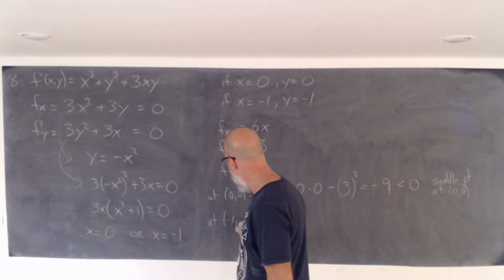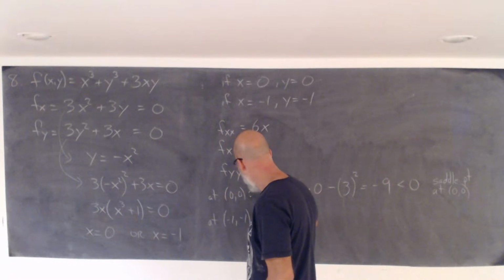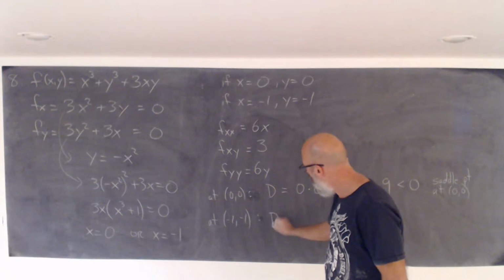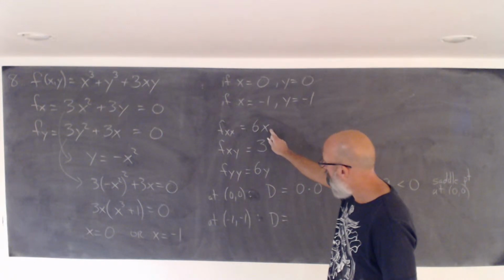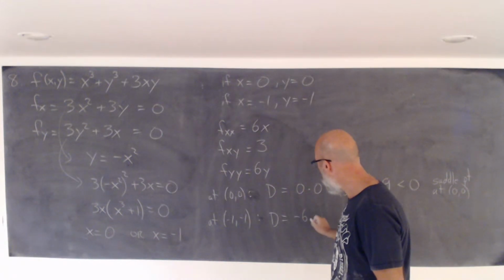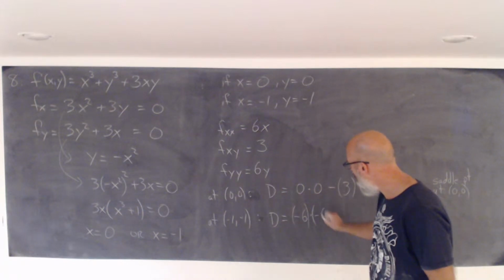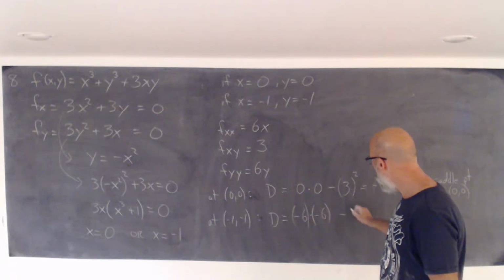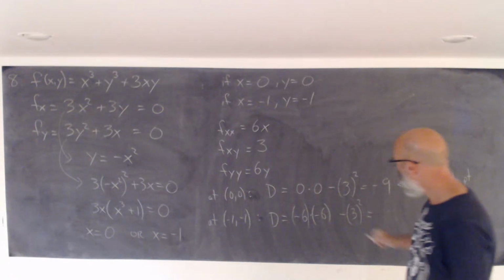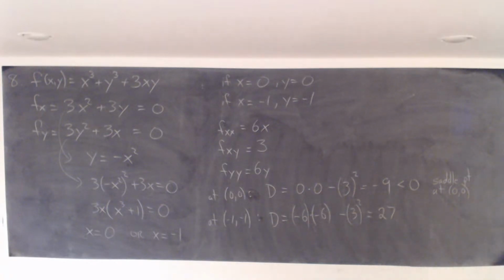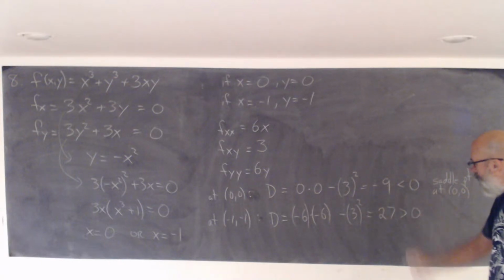And at the point minus 1, minus 1, what is happening? fxx at minus 1, minus 1, that is minus 6. Times minus 6 minus 3 squared again. So that's 36 minus 9. 27, is that correct? 27, which is positive.